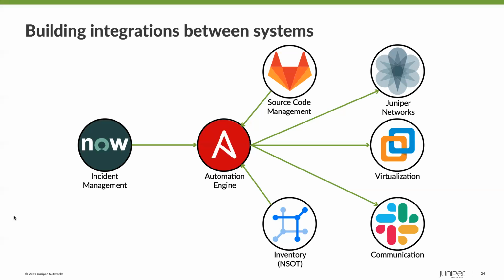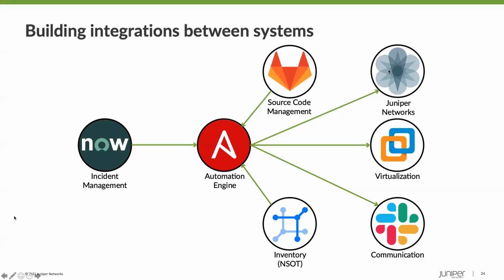But because of the integrations between APIs, ServiceNow to Ansible, that can just be over the REST API. Ansible to my network source of truth, my IPAM, my monitoring system, is asking for a list of my devices and their IP addresses and host names and such. That could be over REST API as well. Interacting with my VMware cluster, that can be over the REST API.